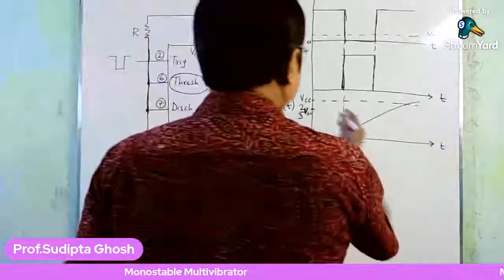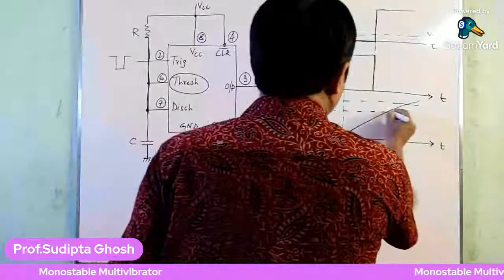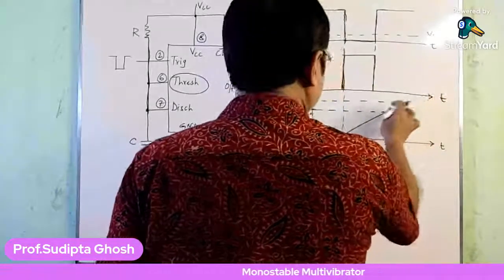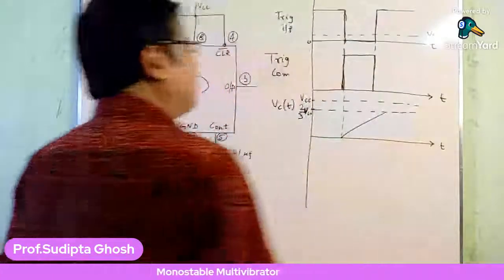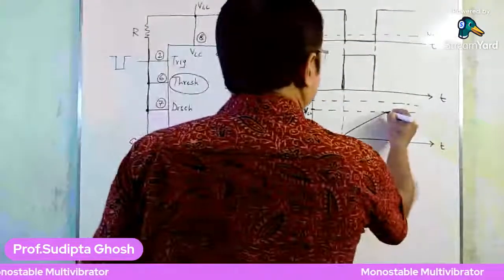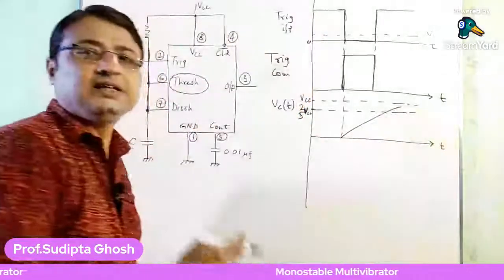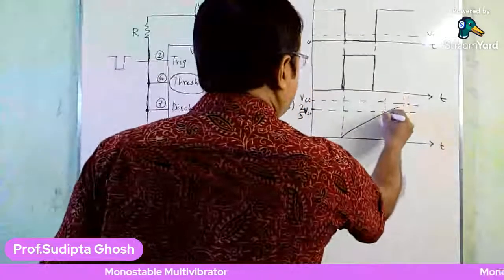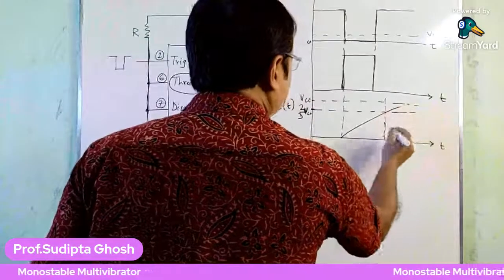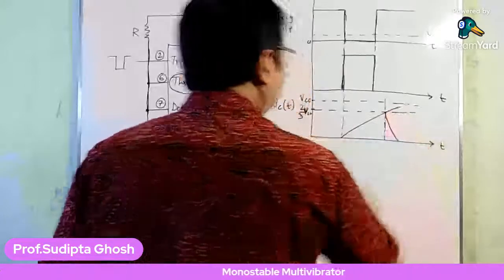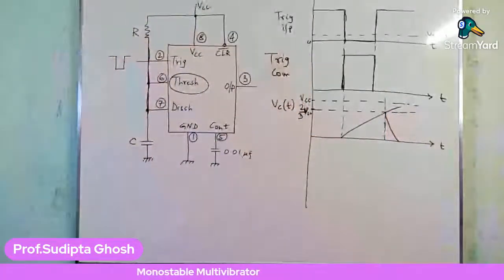Maximum it can have a value of 2/3 VCC. So after reaching 2/3 VCC, this is the point from which the capacitor discharges its value.